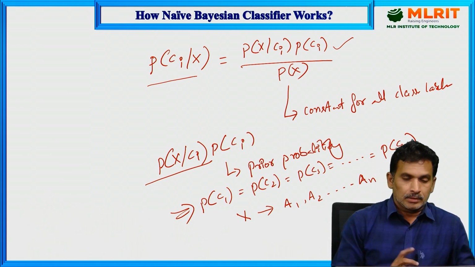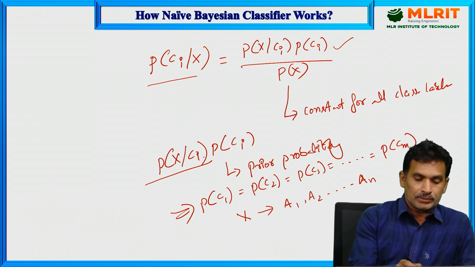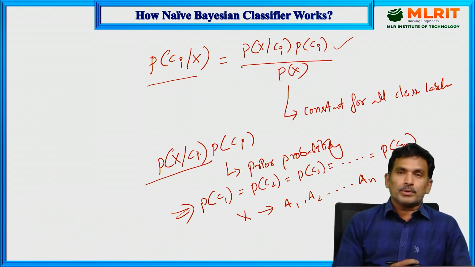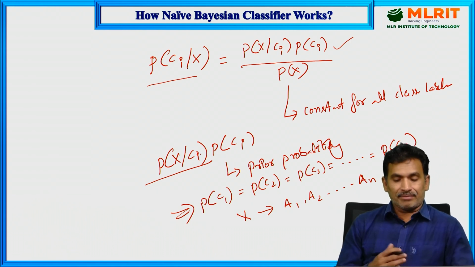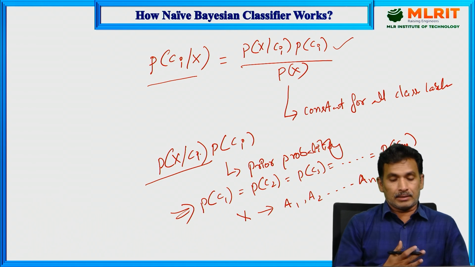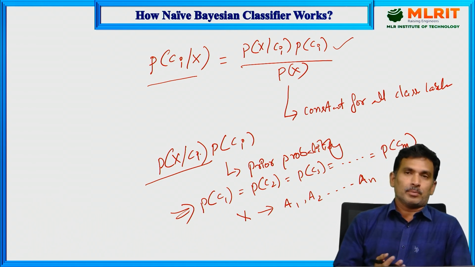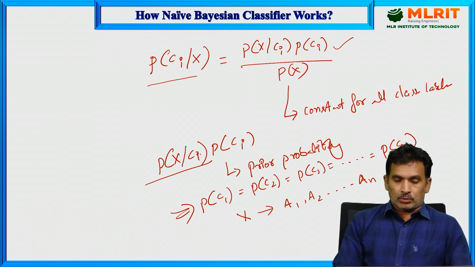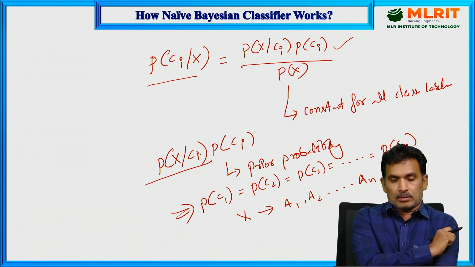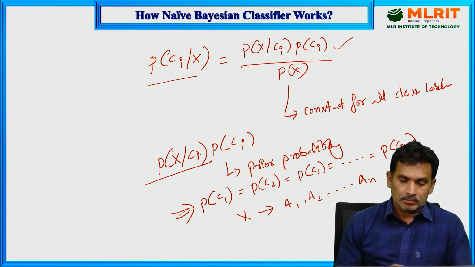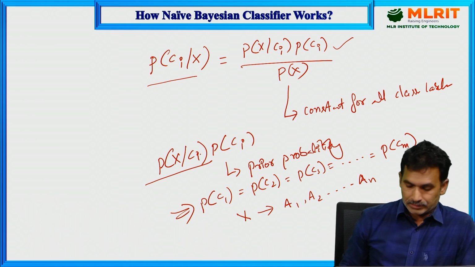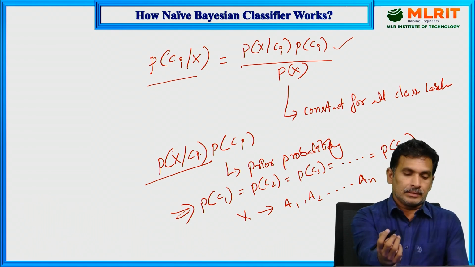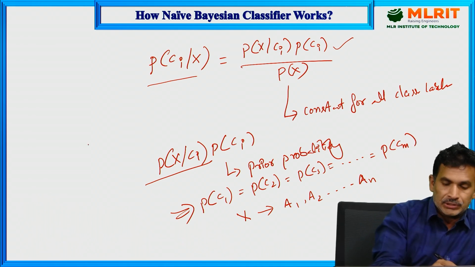Calculating it for each attribute is a highly complex and costly process. To avoid this, an assumption was made, called class conditional independence.